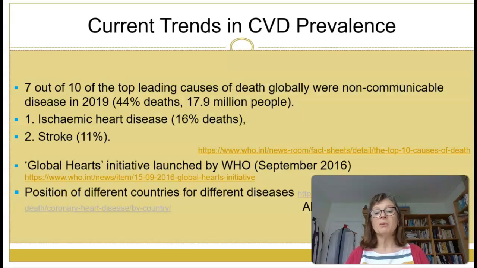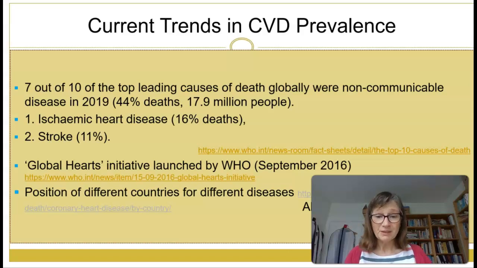So what am I talking about with the current trends? This module really is about non-communicable diseases. And actually, these are the main killers globally. So these are global trends. 7 out of 10 deaths are due to non-communicable diseases, so not infectious diseases. 17.9 million people died of cardiovascular disease in 2019, which is 44% of deaths.